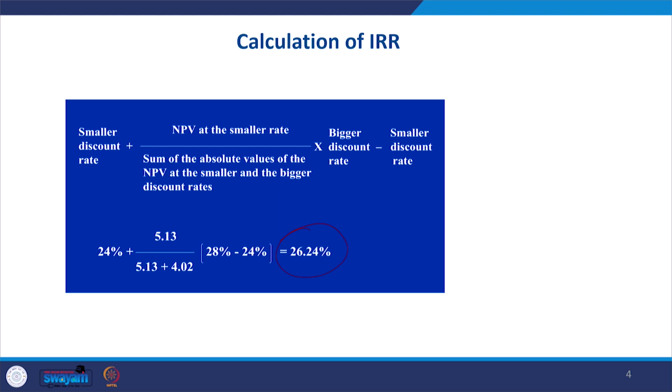At this 26.24%, the NPV of the venture would be 0, and that would now be comparable to the required rate of return.